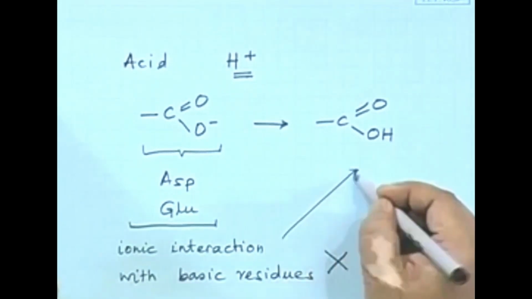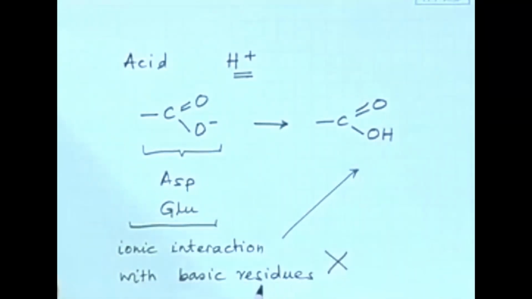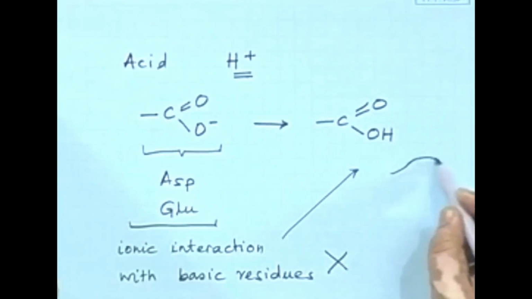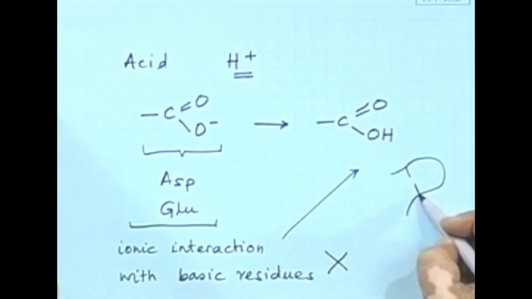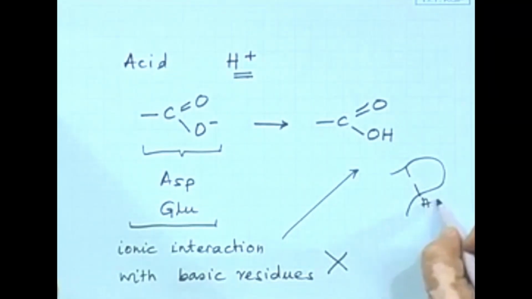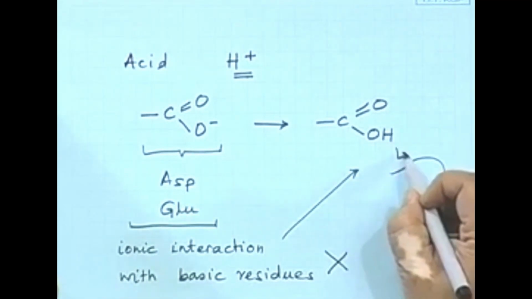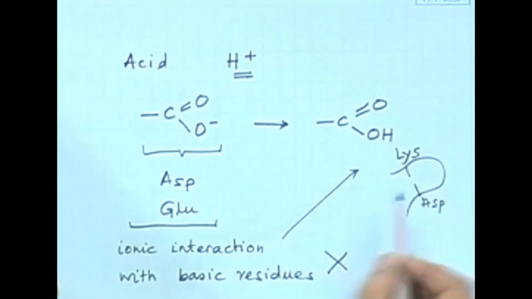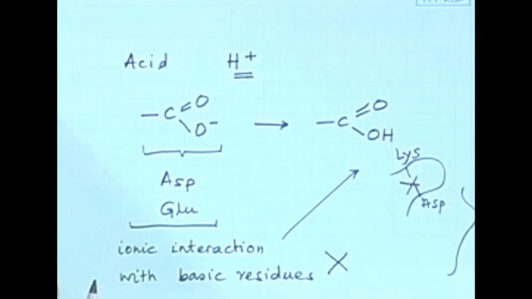Once I get into this form, it is not possible for the ionic interactions to form. So any folded structure that would have this ionic interaction with an asp and, say, a lys, that would no longer form. So what would that do? That would open my chain up.